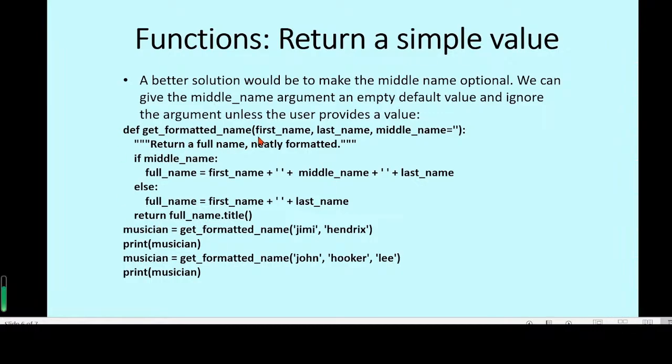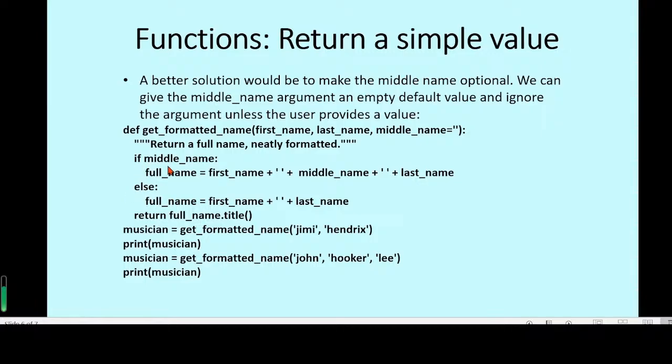So inside the parentheses, we write first name, last name, then middle name at the last with a default value of empty string. Then inside the function, we use an if-else test. So if middle name means if the middle name is not empty, which means the user inputs some middle name, then the full name is the concatenation of these three names together.